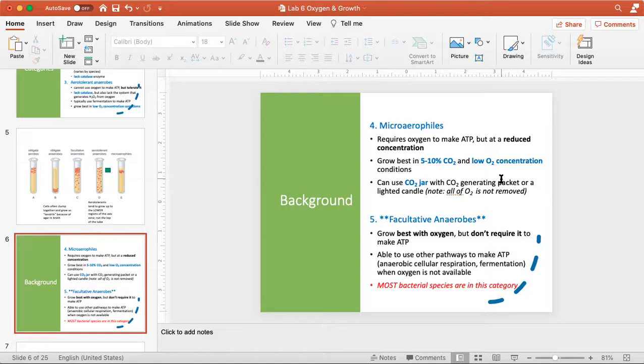In the old days, before we had this available to us, people used to just take this jar and put a lighted candle in it and then close it. So they would put the plate in, they'd put a lighted candle in, and then they'd shut the jar. And what's going to happen? Well, the candle is going to burn, right? The candle's going to burn and use up the oxygen in the jar and generate carbon dioxide.